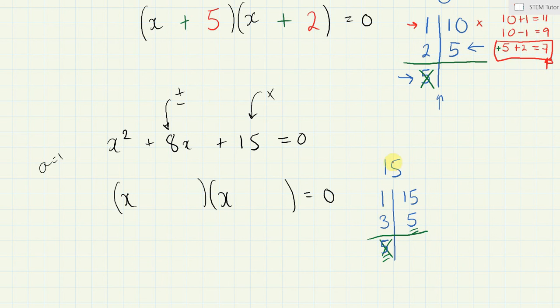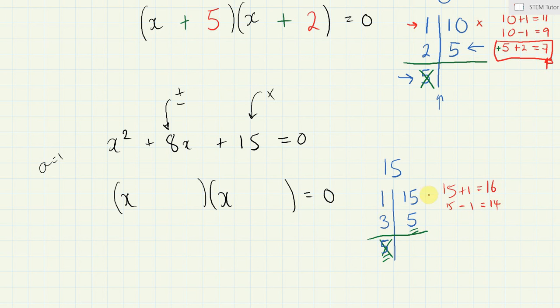And now we look for a pair of these factors that, if we add or subtract them, give us our 8. Well, I know that by looking at 1 and 15, there is no way I can get to 8. 15 plus 1 would give us 16. 15 minus 1 would give us 14.